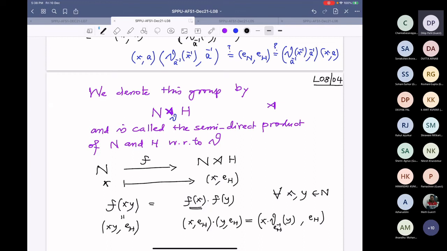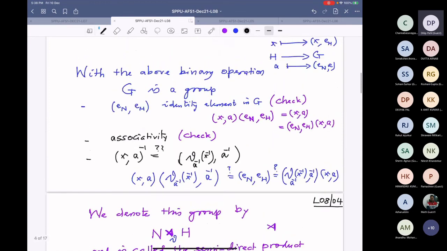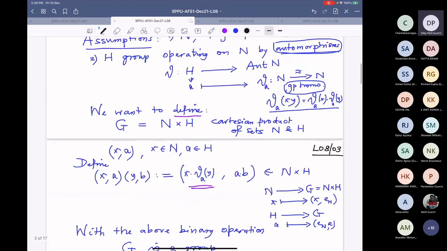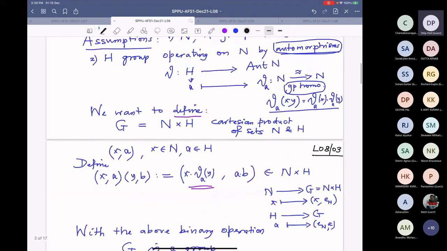So you have to know what theta e_H is. Because theta is a group homomorphism, identity here should go to identity here.